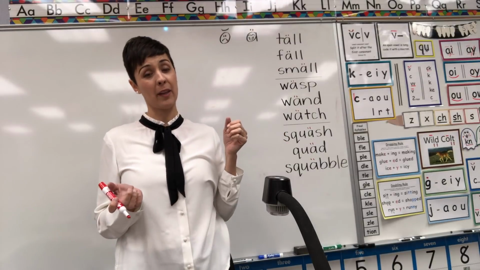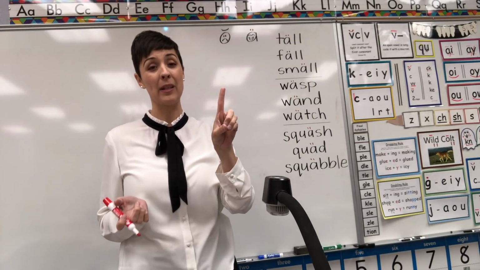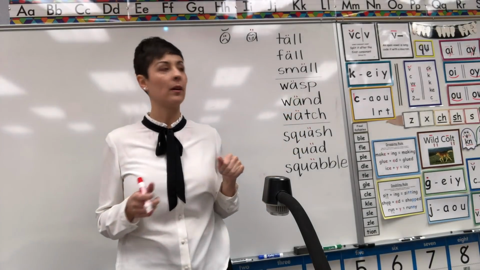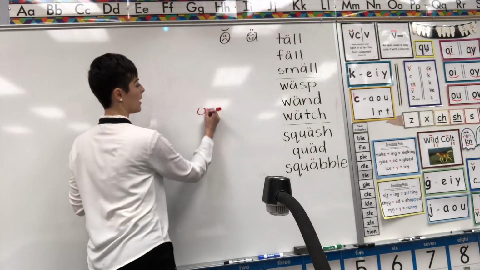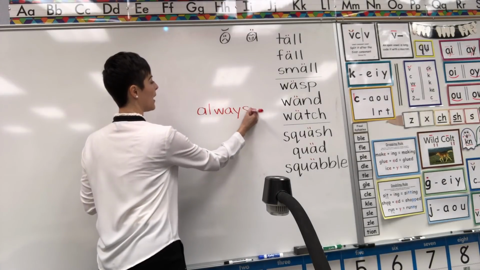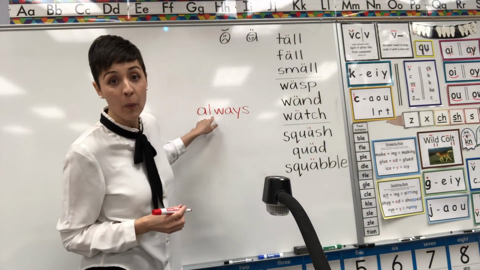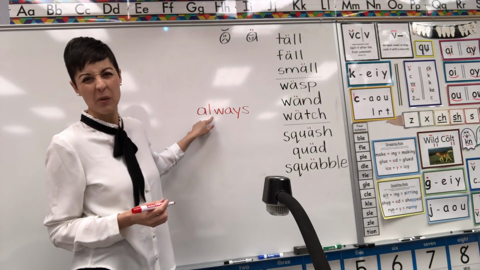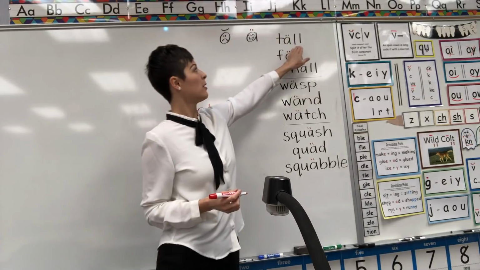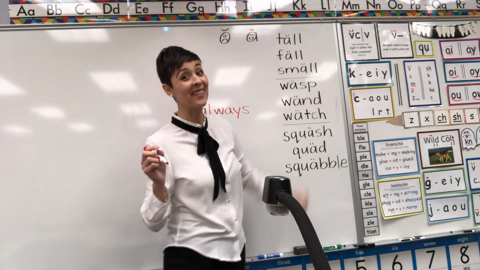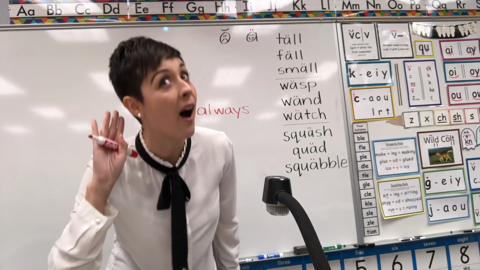You could just have the A in front of 1 letter L and it would still say ah, like in the word always, A-L-W-A-Y-S. That A is only in front of 1 L, but it works the same. An A in front of L says ah. Who heard it? An A in front of L says ah.